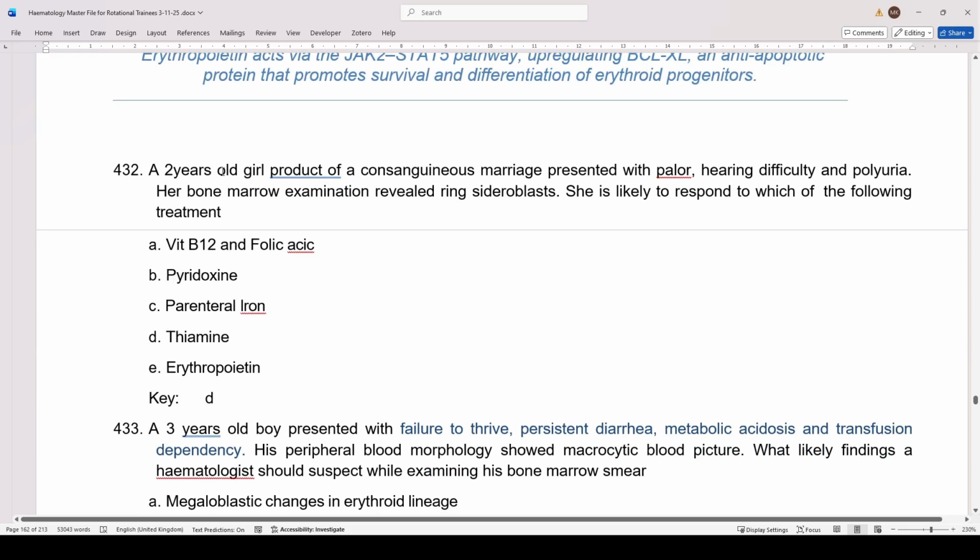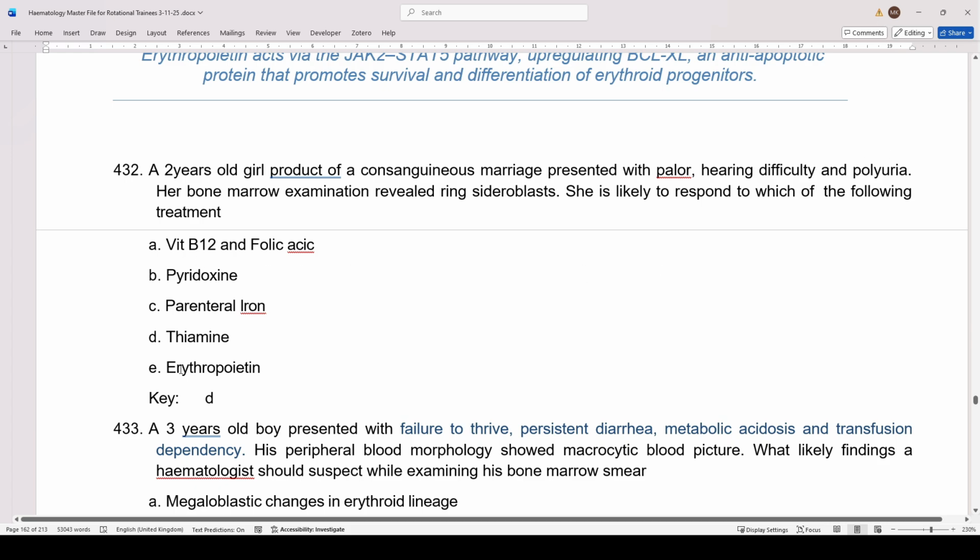Next is a 2 years old girl, product of consanguineous marriage, presented with pallor, hearing difficulty, and polyuria. Her bone marrow examination revealed ring sideroblasts. She is likely to respond to which of the following? Look, the patient has ring sideroblasts, pallor, hearing difficulty, and polyuria.